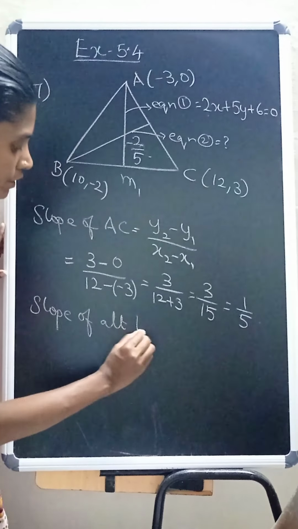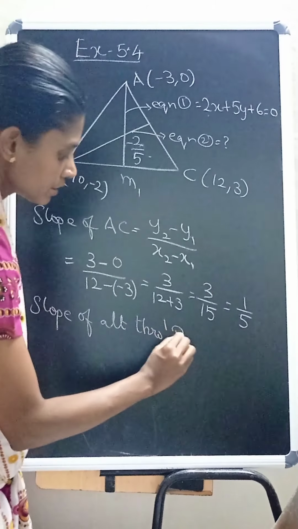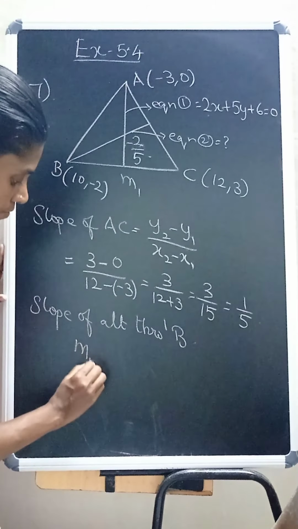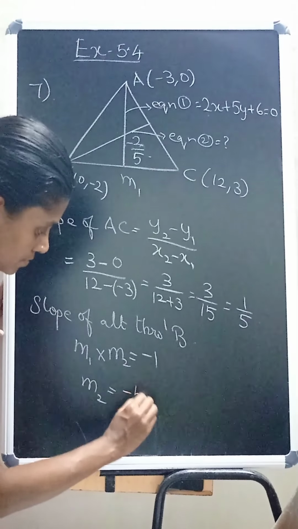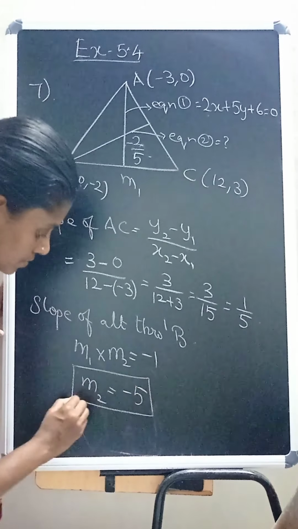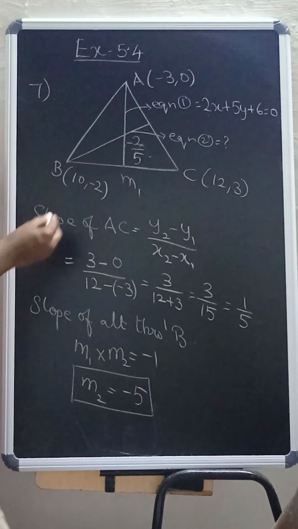Slope of altitude through B. m2 is equal to -5.